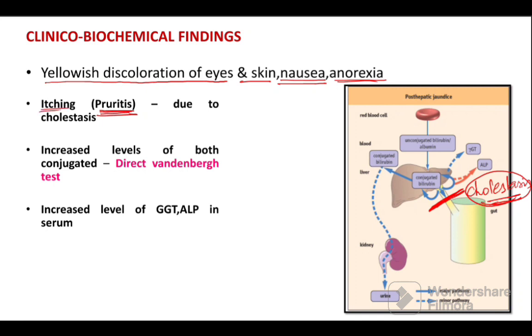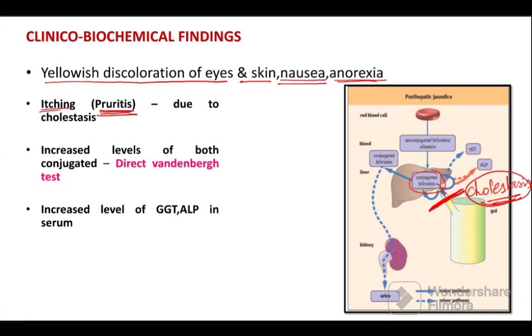And because the conjugated bilirubin is not getting secreted from the liver into the intestine, there is an obstruction at that level.